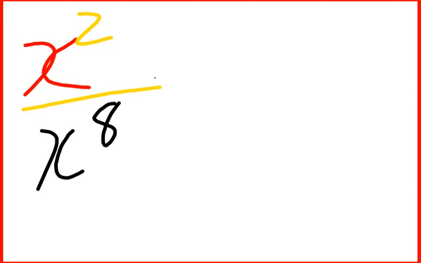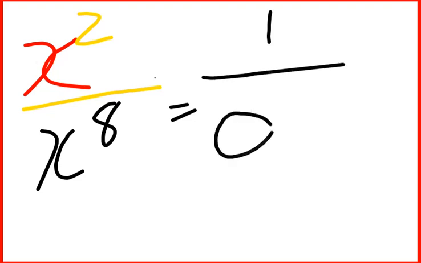Now what happens when the smaller one is on top and the big one is on the bottom? Then the rule still applies, but now you'll have 1 over a to the power of 8 minus 2. So this 2 goes down and you have 8 minus 2.